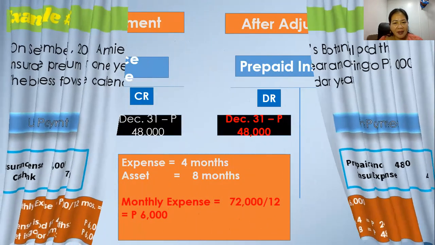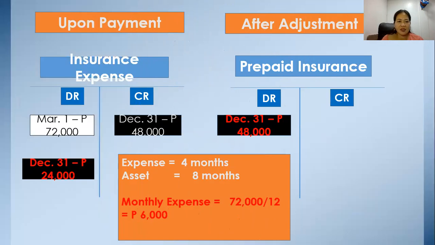So what will happen? This is now you're posting after you have prepared the adjusting entry. You have a debit of 72,000 originally in insurance expense, that existed upon payment.